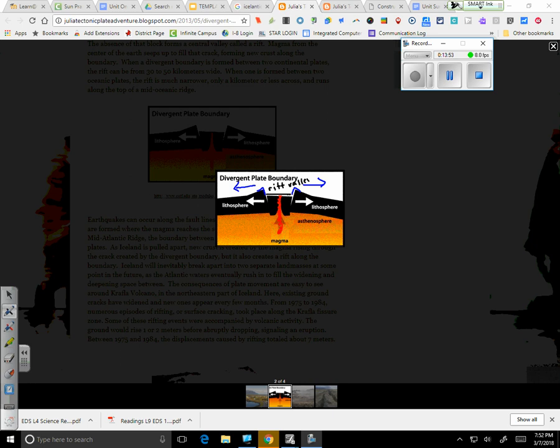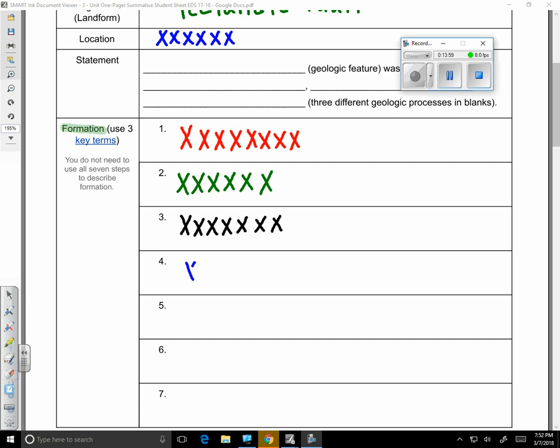So that's step 4. So right here on number 4, you are going to write in your own words the formation of this fault. And basically what you're going to say is that over time, when these plate boundaries are separating, it creates mountains, but in between those mountains, it's a flat valley called a rift valley.